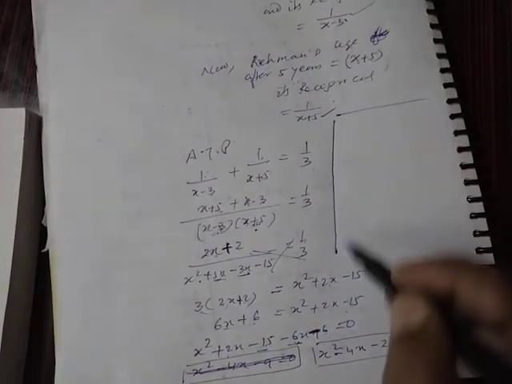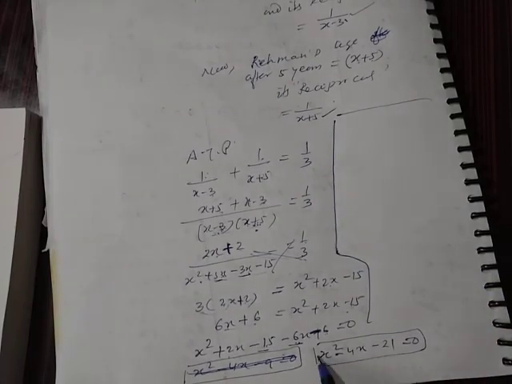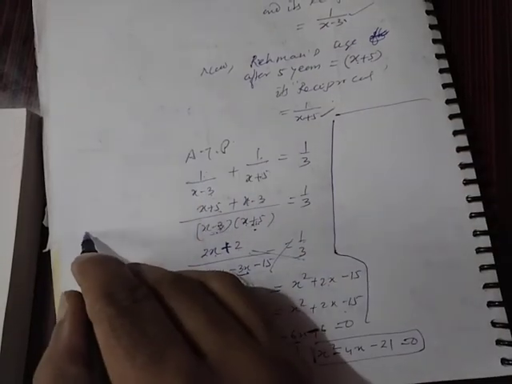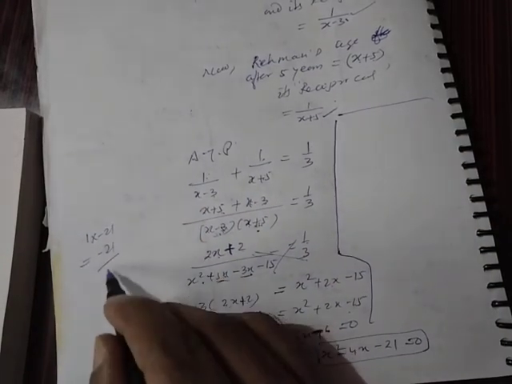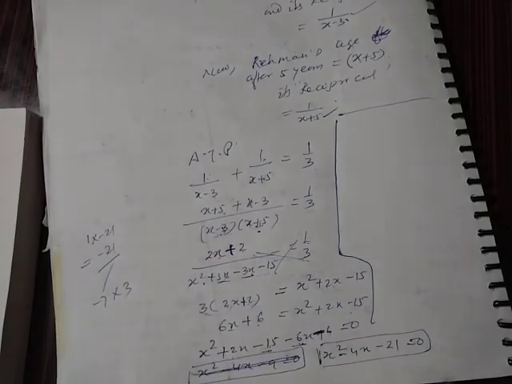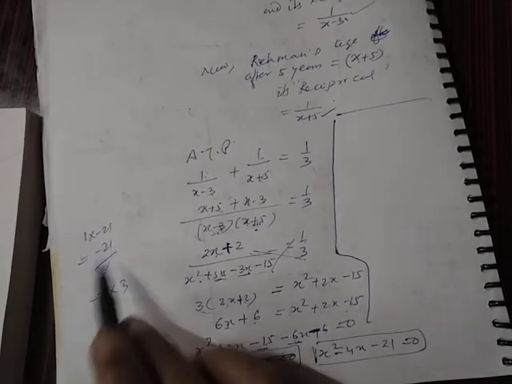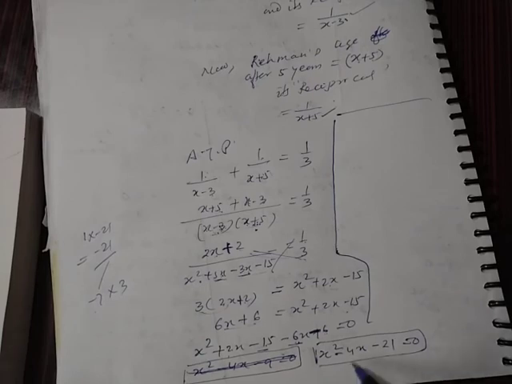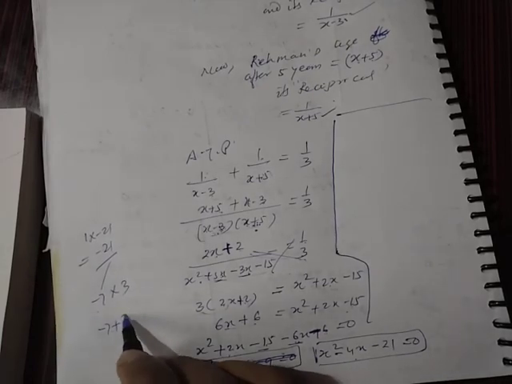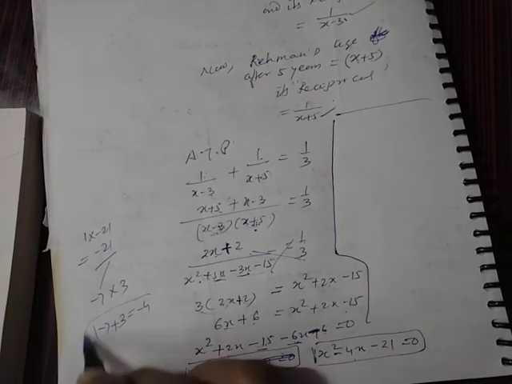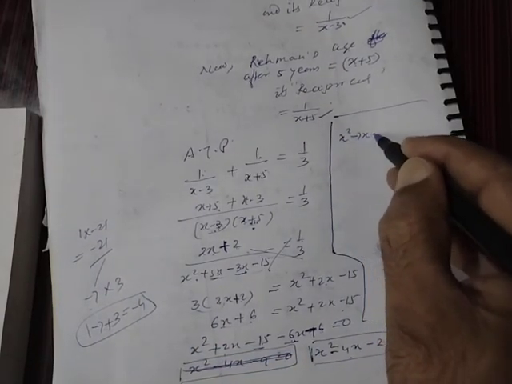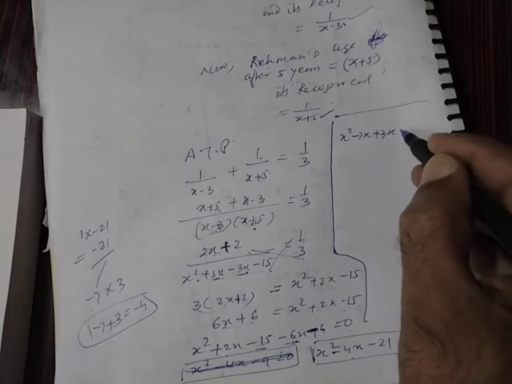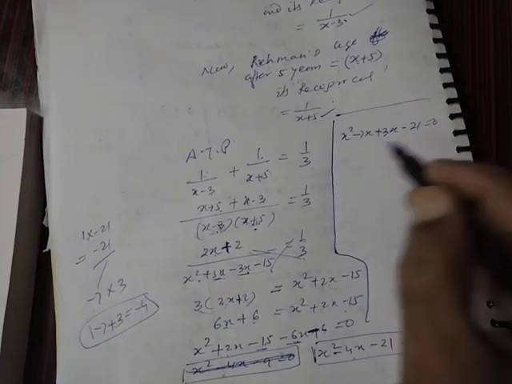Now you see the solution. Coefficient of x square is 1, constant is minus 21, then 1 into minus 21 is minus 21, you factorize this, minus 7 into 3, minus 21, and you have to bring here minus 4, so minus 7 plus 3 will give you minus 4. You write here x square minus 7x plus 3x minus 21 is equal to 0.